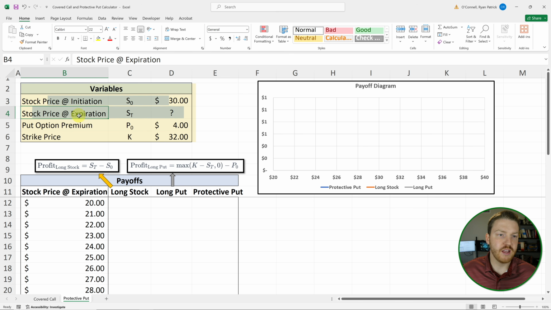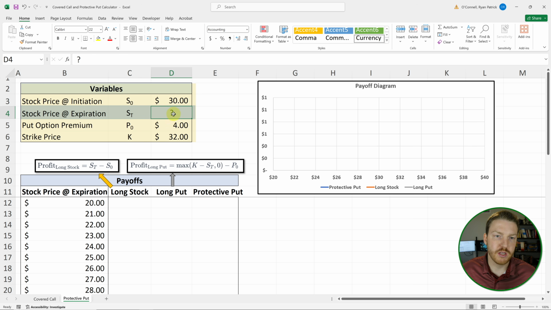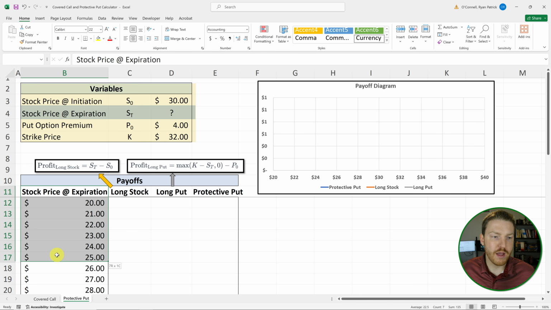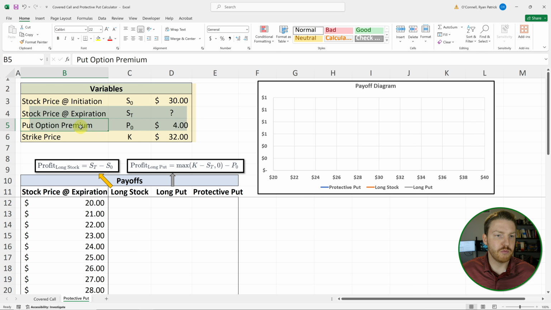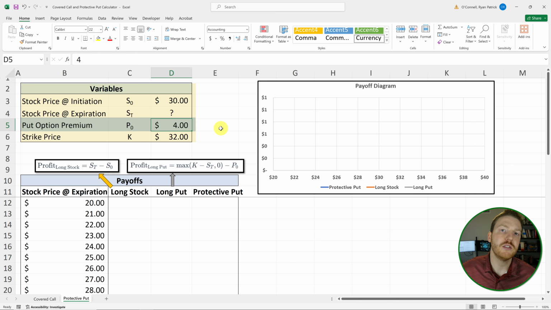The stock price at expiration we'll call ST, and I put a question mark because we're going to analyze the potential profits or losses based on a whole wide variety of different stock prices at expiration. The put option premium we'll call P0 is going to be the price that we have to pay at initiation to purchase the put option. So for us to buy one single put, it's going to cost us $4.